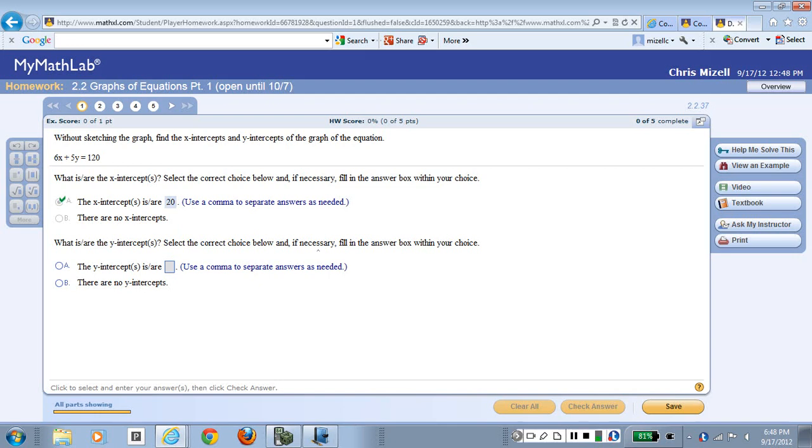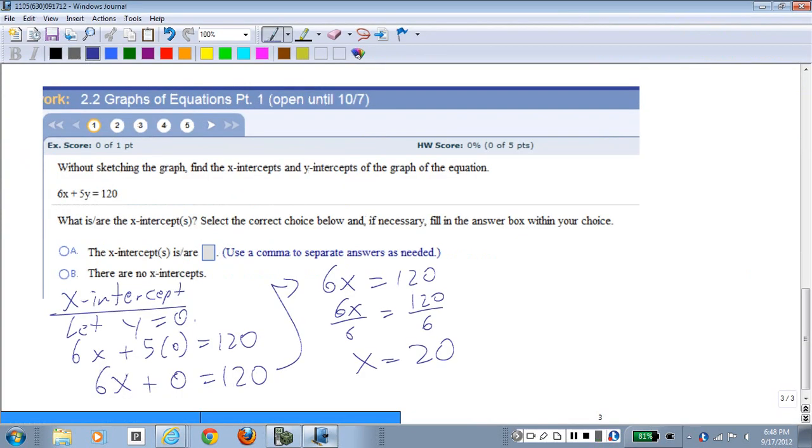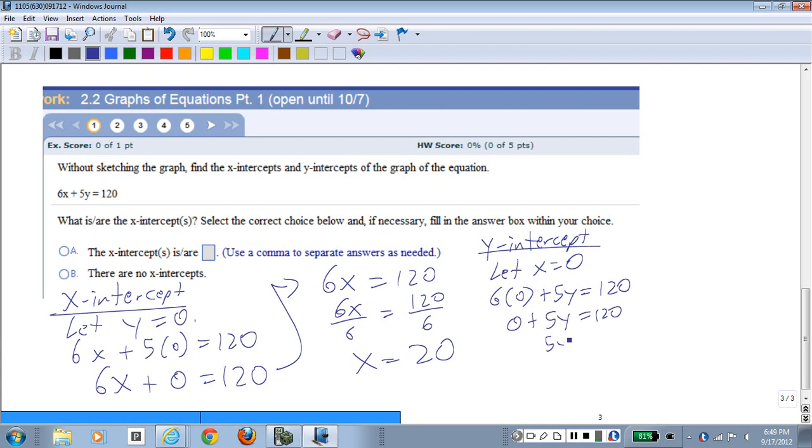What's the y-intercept? Well, follow the same procedure, except that let x be 0. Every point on the y-axis has an x-coordinate of 0, so we want the point that has an x-coordinate of 0 to solve this. So to find the y-intercept, let x be 0. 6 times 0 plus 5y equals 120, and solve it. 5y equals 120, so y equals whatever 120 divided by 5 is.